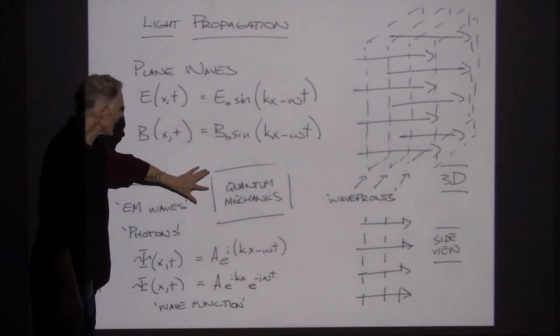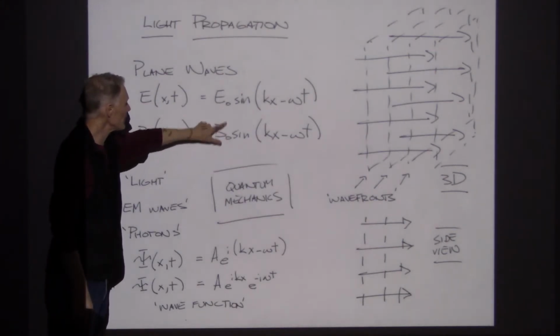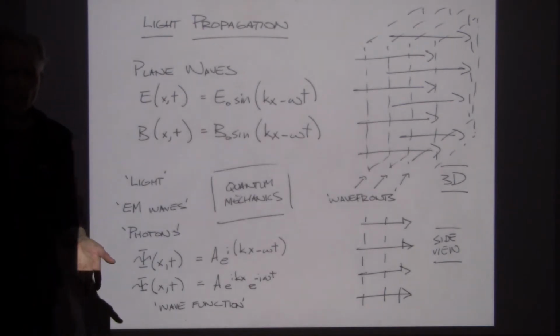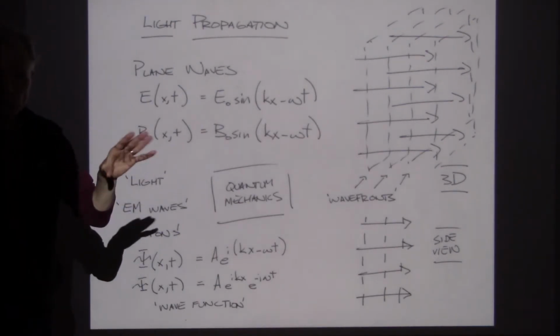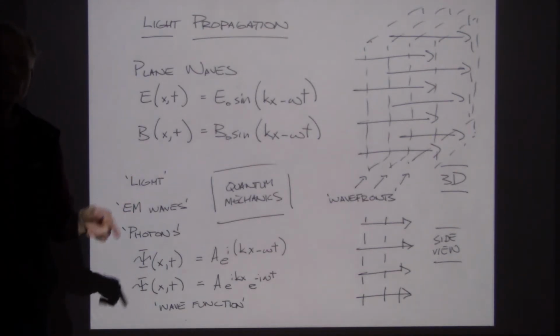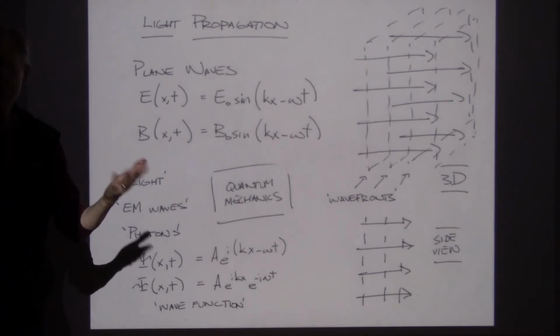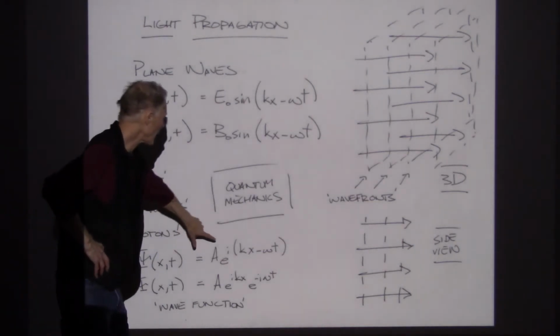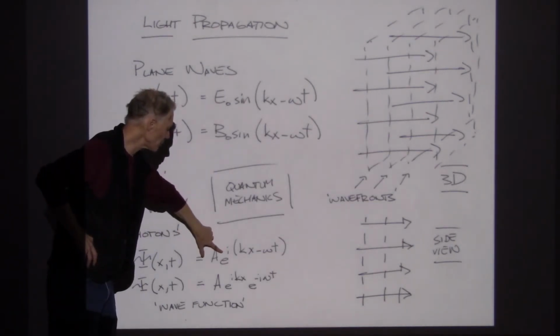Now, again, the quantum mechanical approach would be, rather than using sine functions, it turns out that using sine and cosine functions to represent a photon or an electron is not what's called an energy or momentum quantum state. Sine and cosine functions are combinations of different quantum states. It turns out that the pure quantum state is given by these complex exponentials.